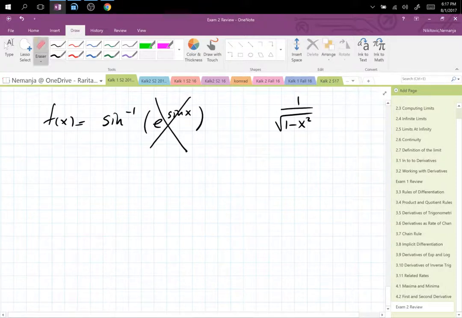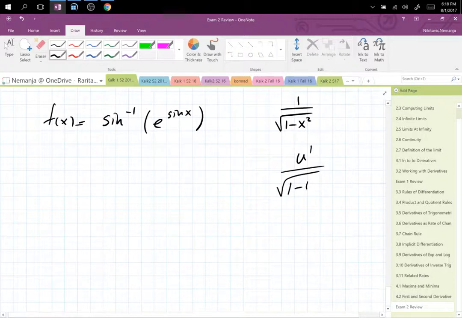You have the whole function in there. So you have to use the enhanced formula, which is u prime over square root of 1 minus u squared, where this whole thing is u.